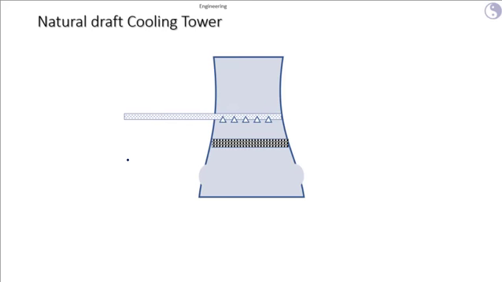A natural draft cooling tower releases waste heat from the system into the atmosphere. Hot water is pumped and water is sprayed at the top with the help of nozzles. A series of nozzles connected to the hot water inlet is used to spray water, distributed throughout the tower, and air enters from the bottom of the tower flowing in an upward direction without any mechanical force, and that is why it is called a natural draft cooling tower.